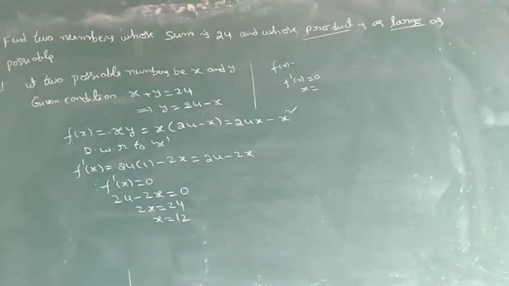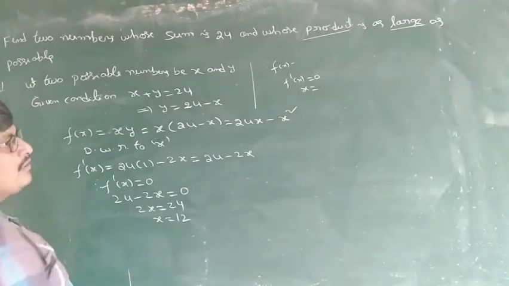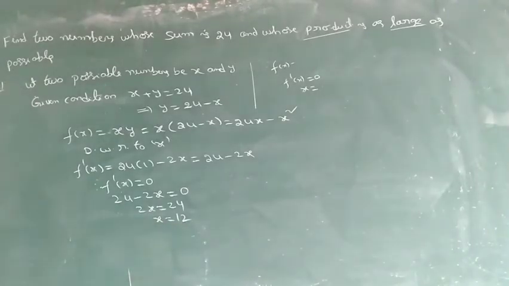So x is equal to 12, only one value, only a single value. That given function has only a minimum value or maximum value. How to decide?